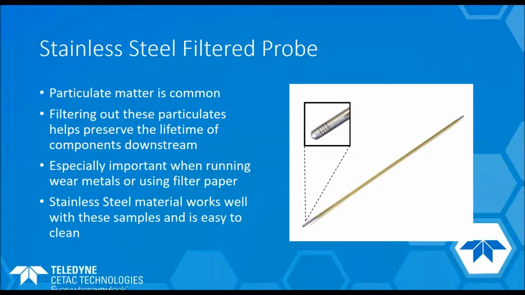And what you can see here is a little bit of a close-up of the tip of that probe. The latest revision of this system has a rounded tip, and the filter is actually holes that have been drilled around the outside of the probe, which has a couple advantages. First and foremost, if there is some sort of blockage, the likelihood is good that it will only be on one side of the filter.